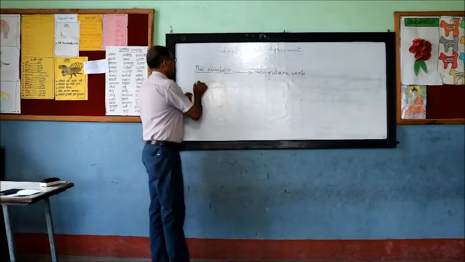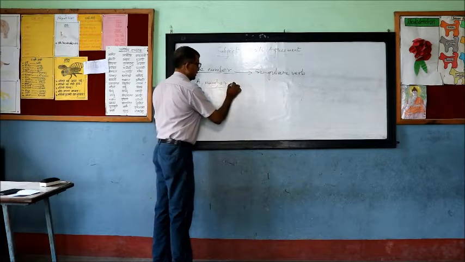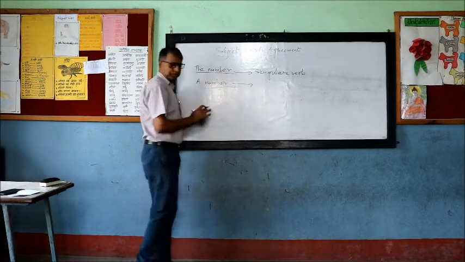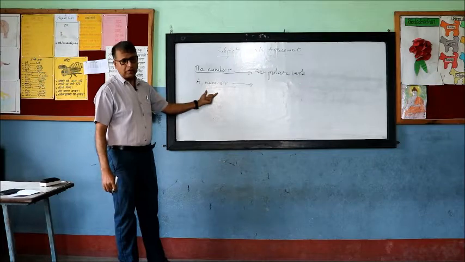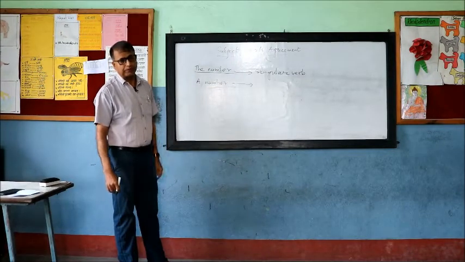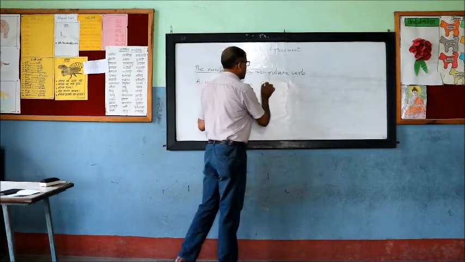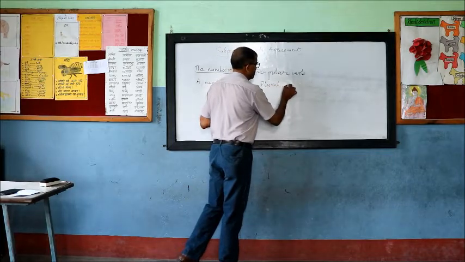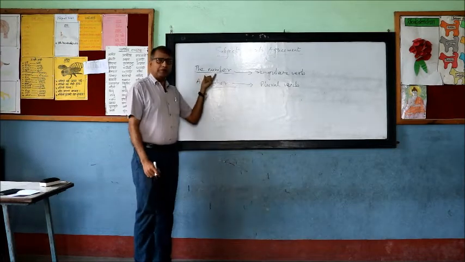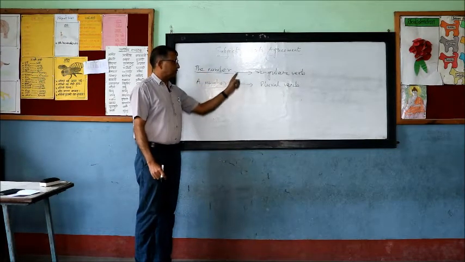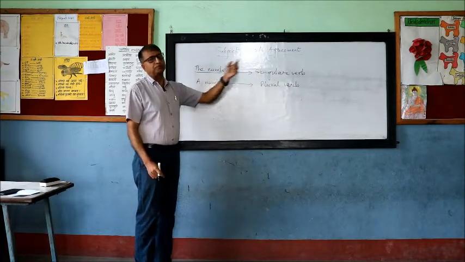But a number sounds like singular, while a number is always plural. So after a number we use plural verb. So remember, after the number singular verb is used, and after a number plural verb is used.